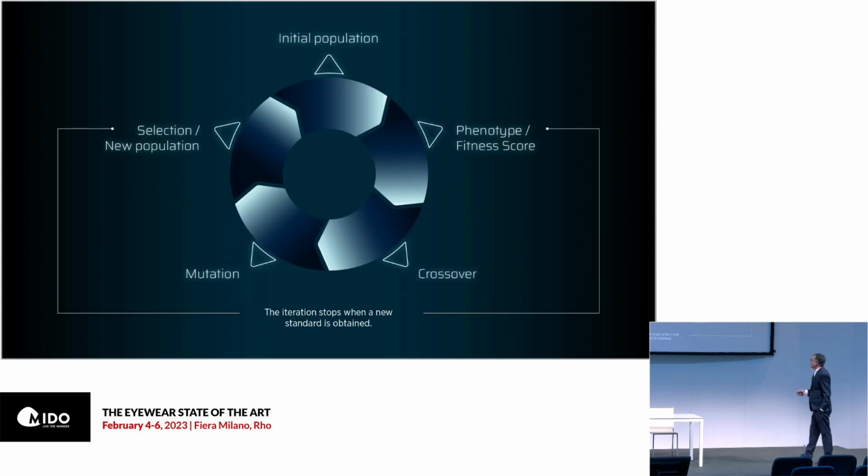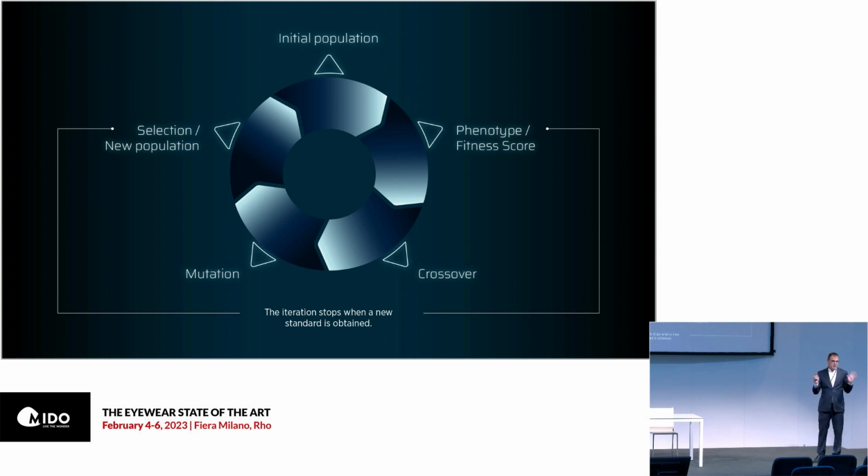So how does the algorithm work? We define an initial population. The initial population is many designs put all together. I calculate the phenotype, which means calculating the aberration maps and mean power map.